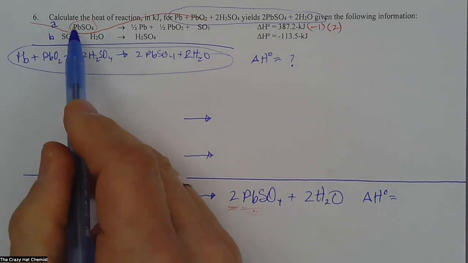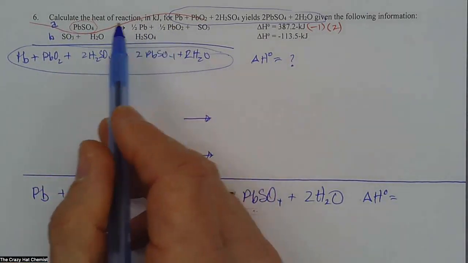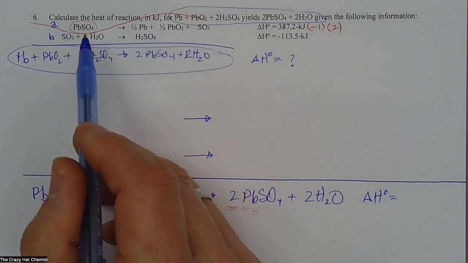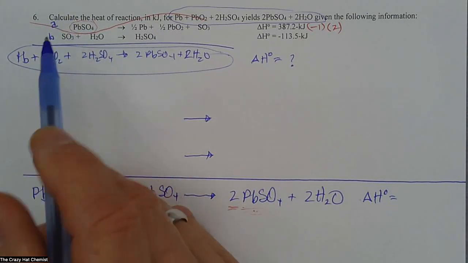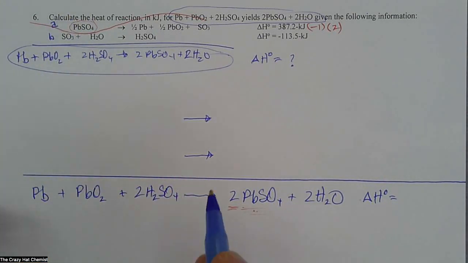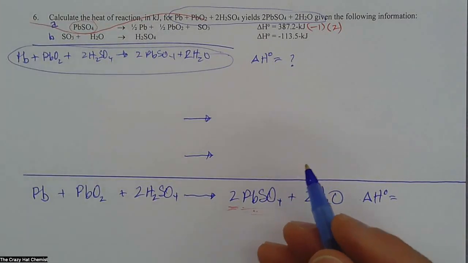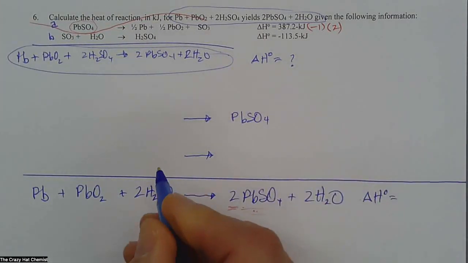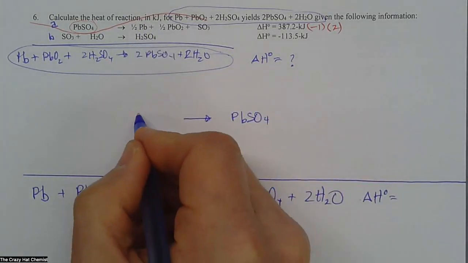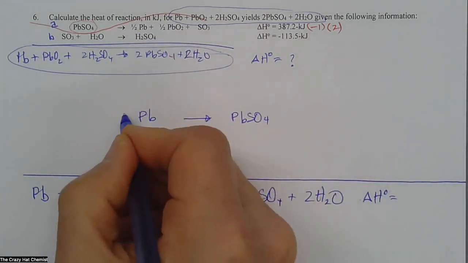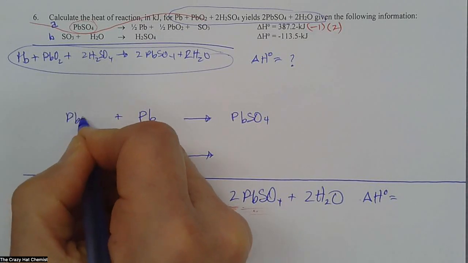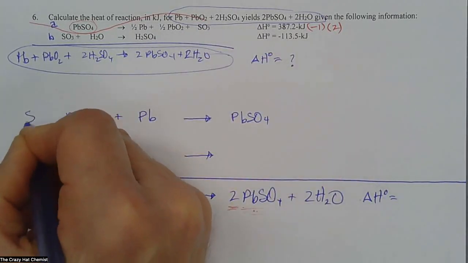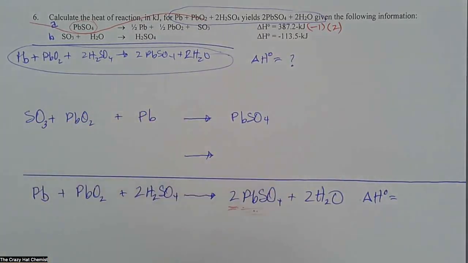So I'm going to rewrite this equation, flipping it and then multiplying by 2. The first thing I'm going to do is flip the equation. I'm going to put PbSO4 on the product side, and then write the Pb here, plus the PbO2 plus the SO3. Then I'm going to multiply by 2.